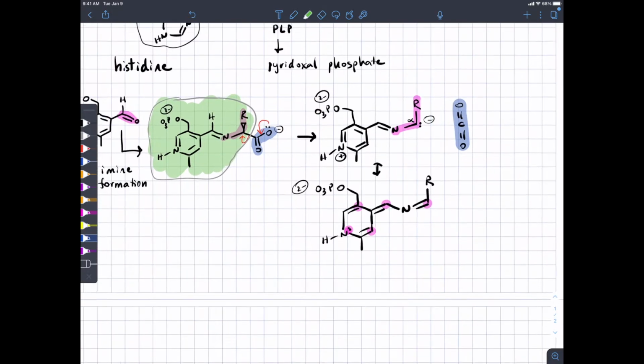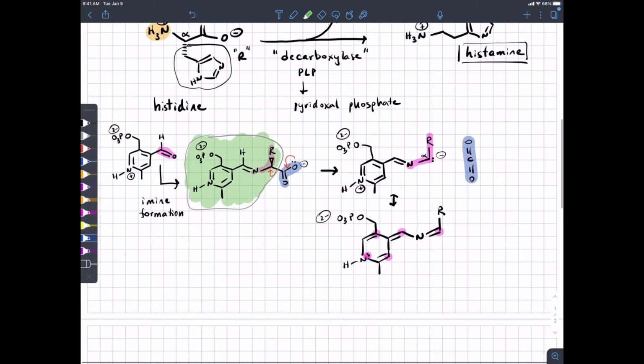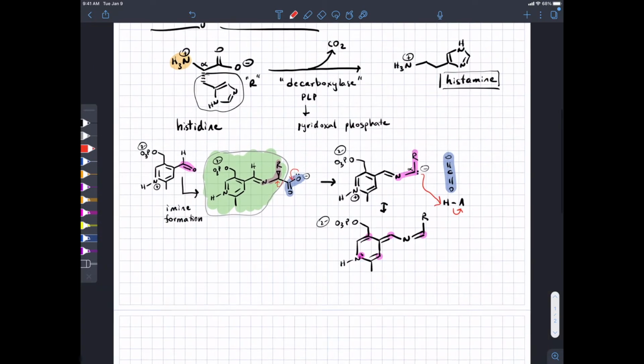All right. Then what happens? Well, if we protonate what used to be the alpha carbon with some acid, either from solvent or from the enzyme, we've totally run out of space.